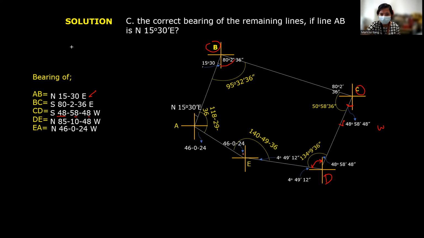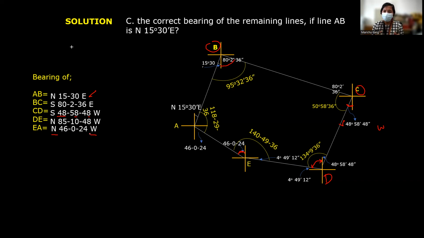Next is from this angle here, which is E to A. So that is equivalent to 46 degrees, 0 minutes, and 24 seconds. So since second quadrant to, yung direction niya is northwest. So we have now all the bearing of our traverse line.